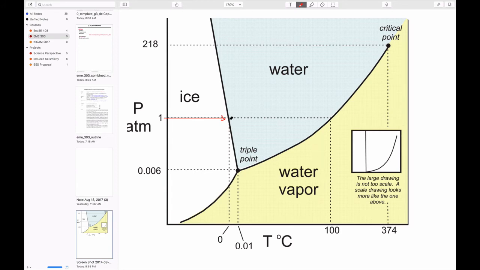If we increase the temperature above that, it takes until 100 degrees centigrade, or 373 Kelvin, before it vaporizes. This is where it boils and becomes a vapor. This is the basic phase diagram.